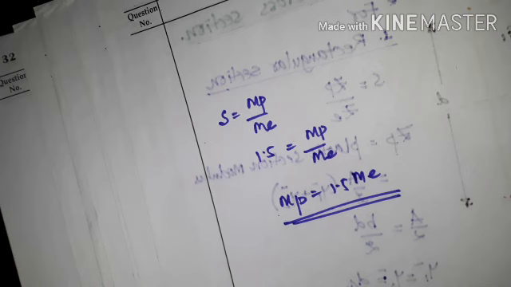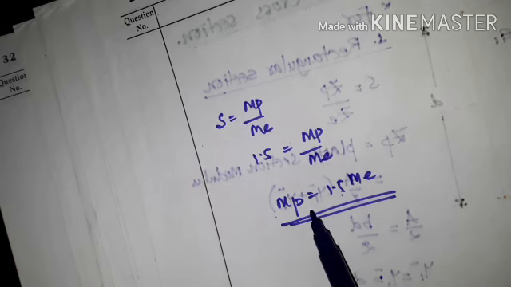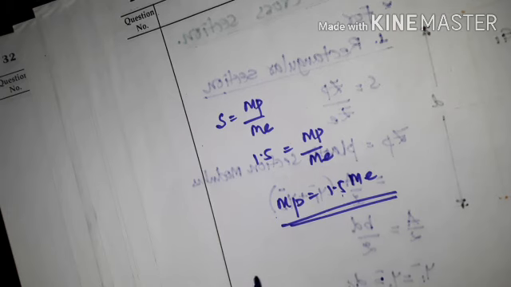So by adopting plastic theory, we can increase or develop moment carrying capacity 50% more than elastic theory. So MP is equal to 1.5 times ME for a rectangular section. Understood? So this is regarding shape factor for a rectangular section.